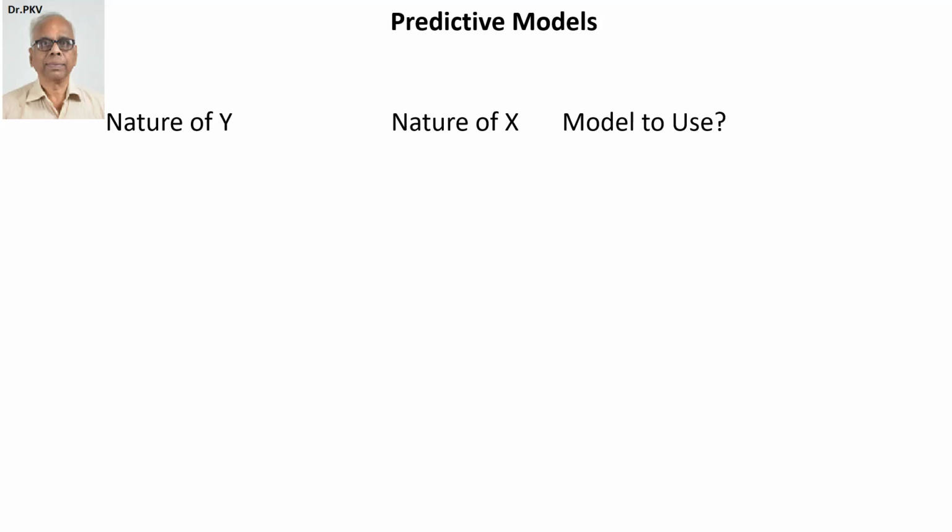Sometimes we use the word independent variables. I feel it's misleading because variables that are independent need not be statistically independent. Therefore, I avoid the term, because when you say statistically independent, they are uncorrelated. Here it's not necessary. So X is the set of features, and depending upon the scale of measurement, the model will be chosen.